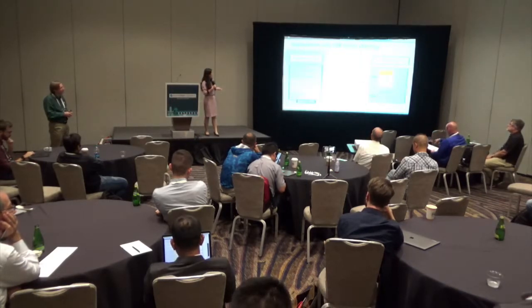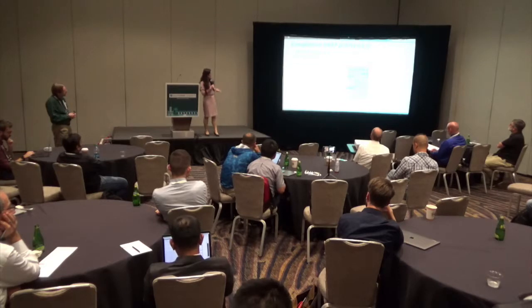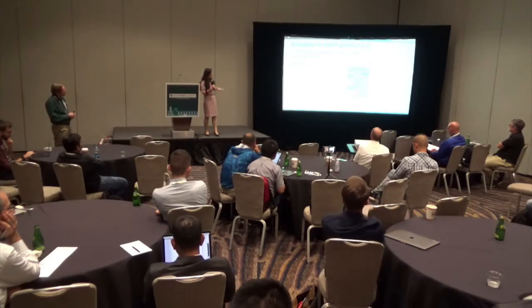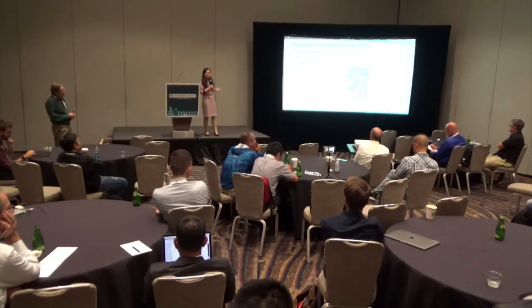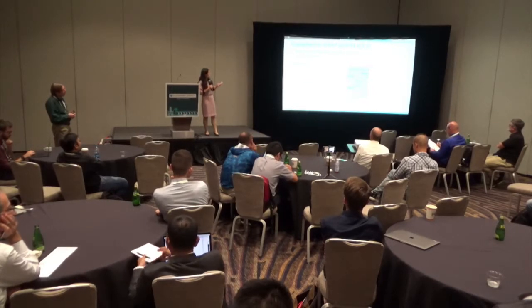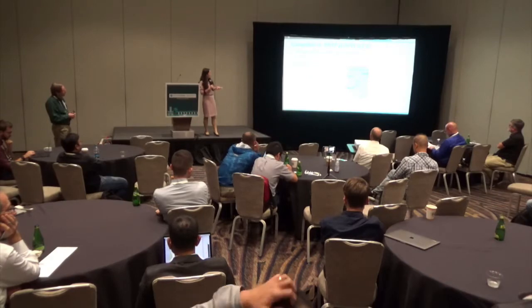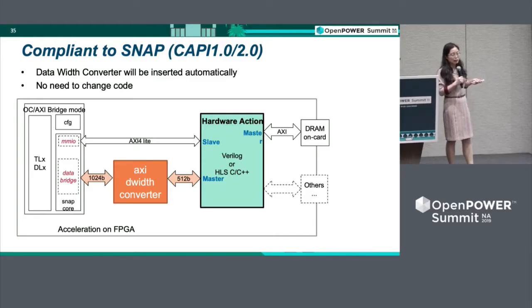Actually, we have some backup. I want to show you that it is okay, but it does have a data width mismatch. The original one is 512, so we will automatically insert an AXI data width converter to do the job. So if you have some old SNAP accelerators, you can move to the new one without any effort.